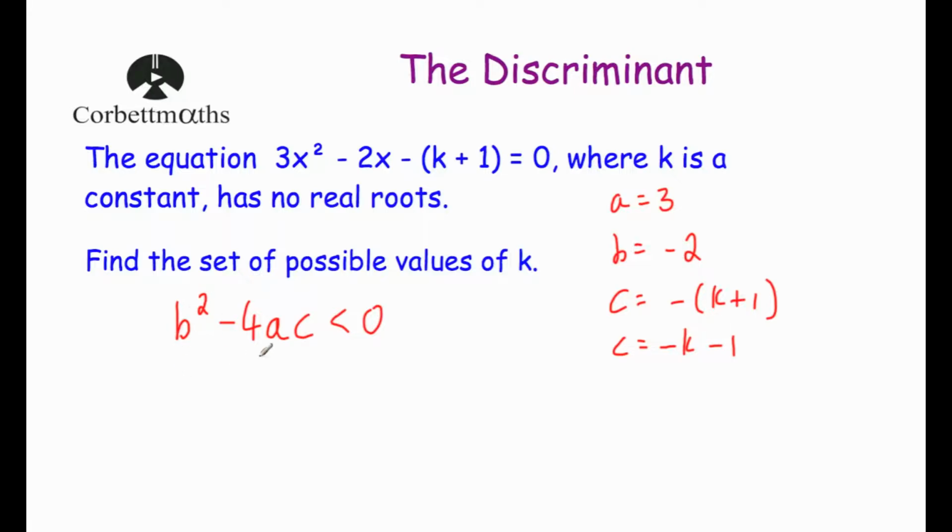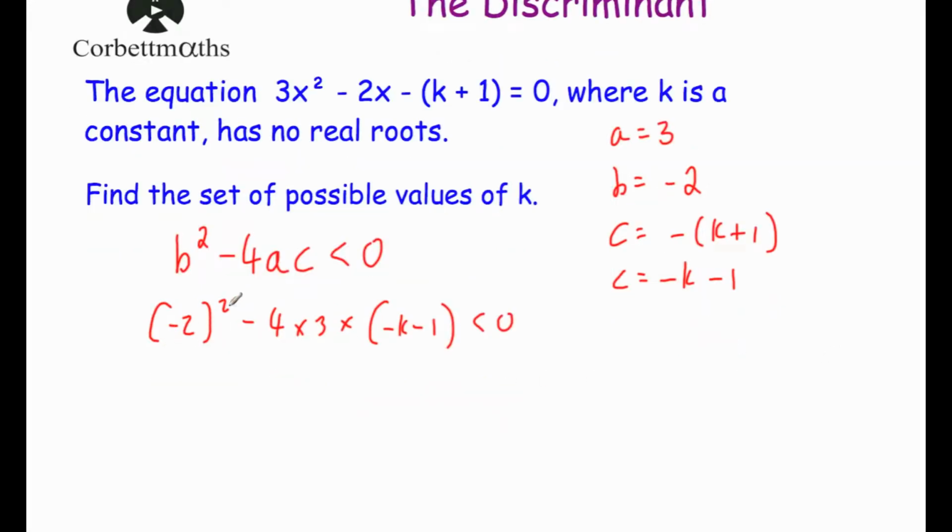Okay, so b squared, so we've got negative 2 squared, minus 4 times a, so times 3, times our value for c of (minus k minus 1), and that is less than 0. Right, so negative 2 squared, negative 2 times negative 2 is 4, and then minus 4 times 3, which is 12, times our bracket of minus k minus 1, and that's less than 0.